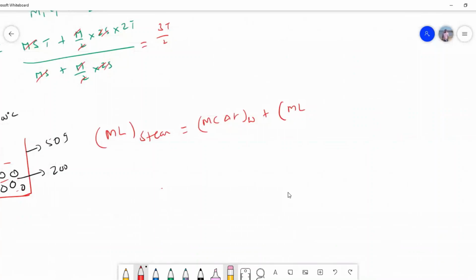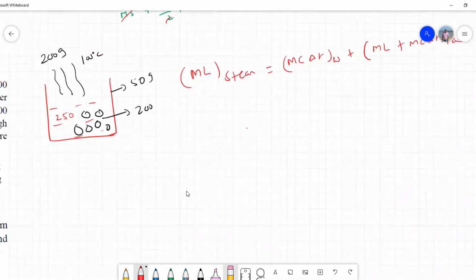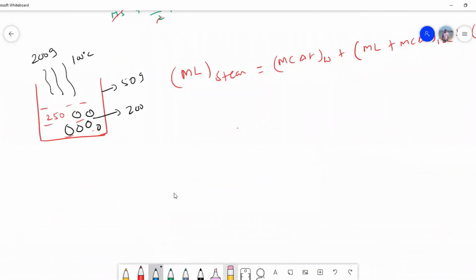So change of state plus change of temperature for ice. And mcΔT of calorimeter, because for it change of temperature happens. Remember here the mass of steam we don't know, that's what I have to calculate, and latent heat of steam is 540.